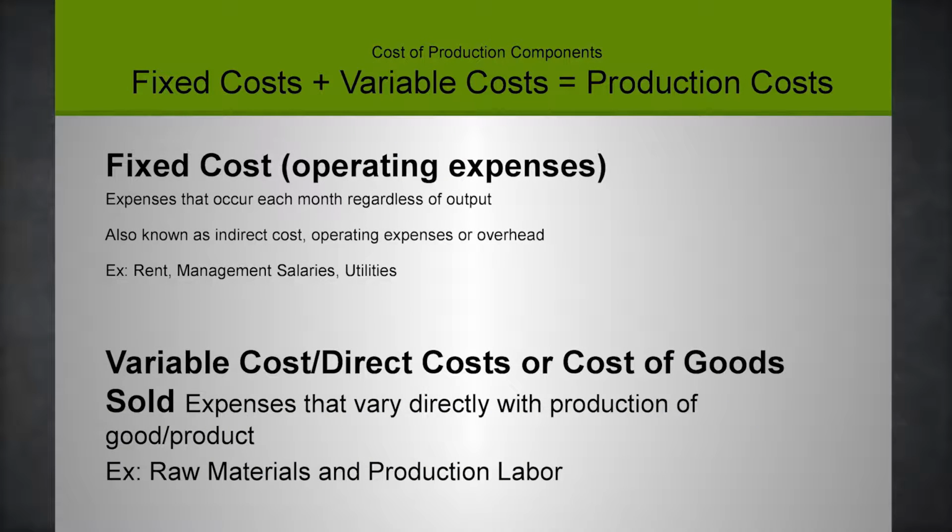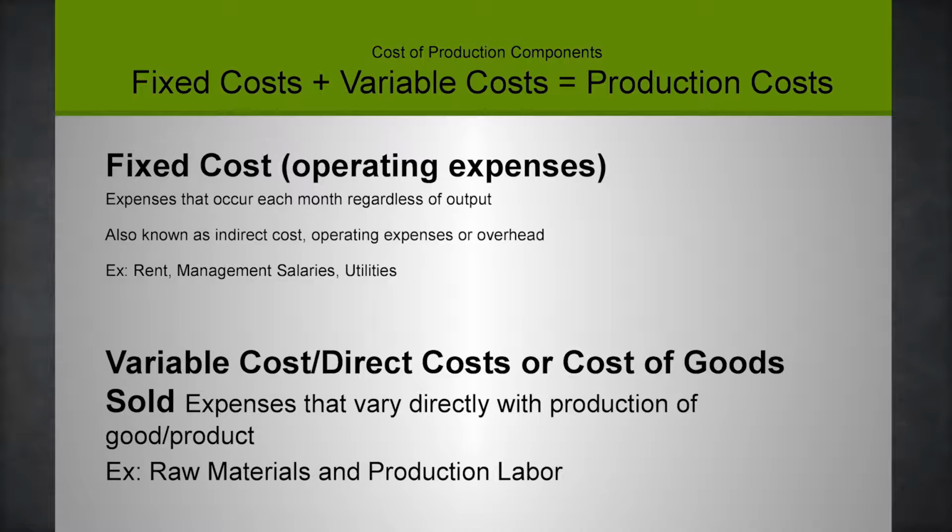So we have fixed costs that you're going to pay no matter whether you have good product, bad product, lots of it, or little of it. And then we have variable costs that vary in sync with how much you're producing, or how much you're planting anyway.